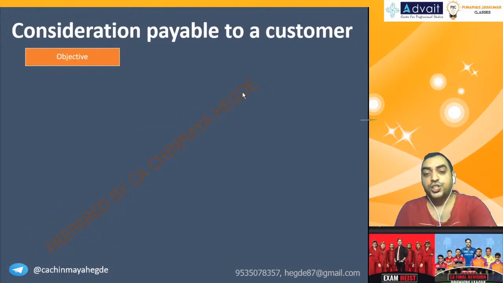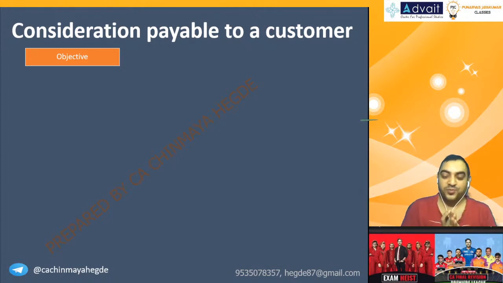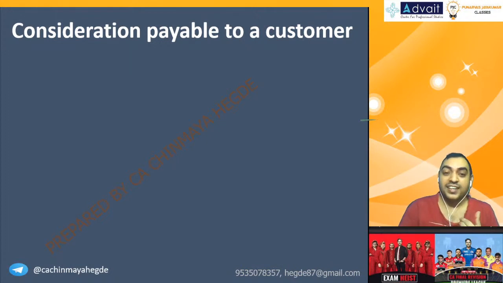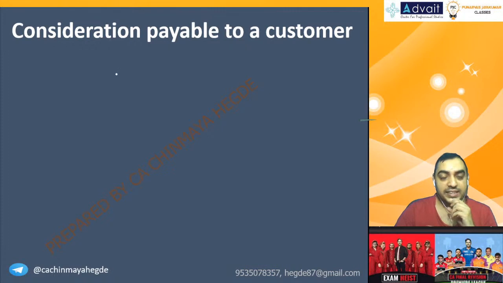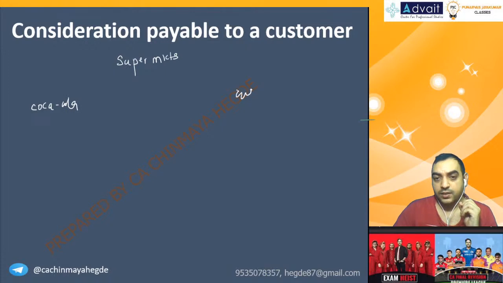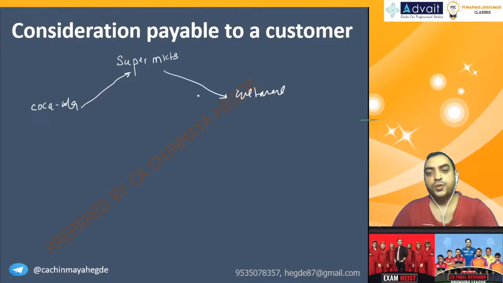Now, consideration payable to customer. This is one interesting point. Why will you pay consideration to customer? This typically happens in case of supermarkets. Let's say there's one company called Coca-Cola and there are customers, and Coca-Cola sells it to supermarkets and supermarkets will sell it to customer.